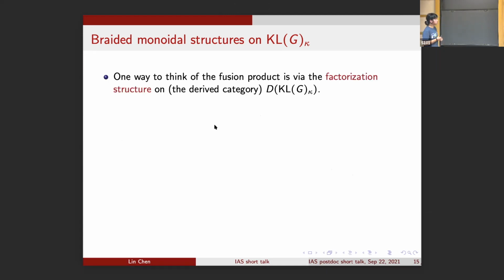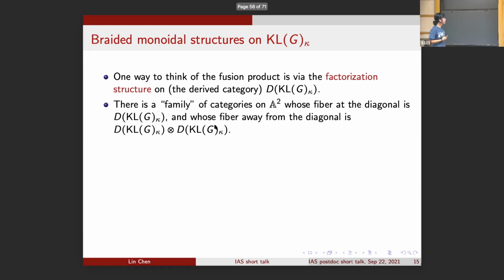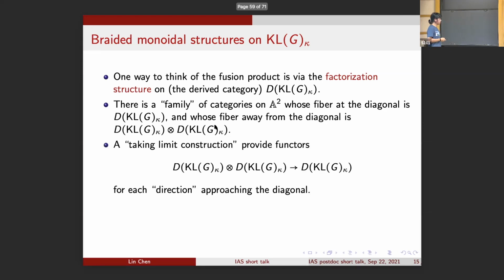Instead, I want to explain in my favorite way what the fusion product is, by using the factorization structure on the Kazhdan-Lusztig category, or in fact, the derived category of it. Roughly speaking, a factorization structure for this thing is a family of categories on this A2, whose fiber at the diagonal is just your derived category, and fiber away from the diagonal is the square of your category. And imagine that picture.